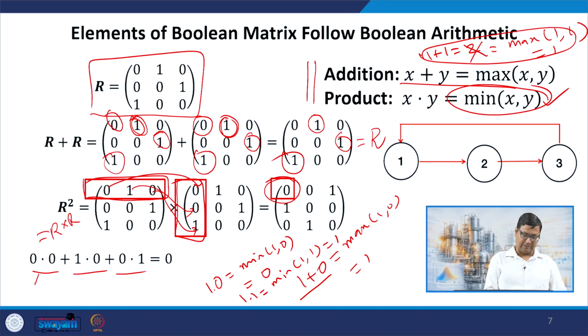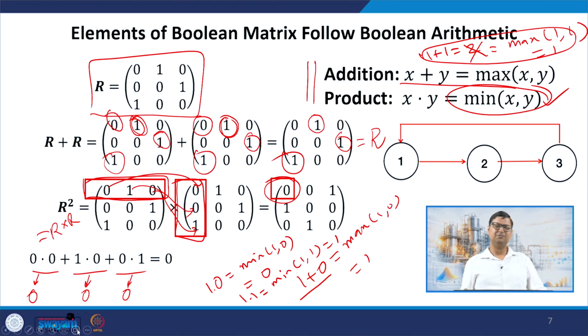So, this becomes minimum of 0 and 0, that is 0, minimum of 0 and 1 is 0, and minimum of 0 and 1 is again 0, and 0 plus 0 plus 0 in Boolean arithmetic also is going to be 0, right.